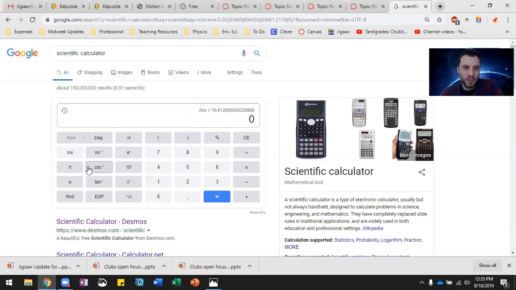Here, let's clear that out. It's arc cosine. And the inverse of tangent is the arc tangent. So we just have to understand that when we are trying to get rid of a sine, we have to do the opposite. And so we just do the arc sine. And it's really easy, okay?